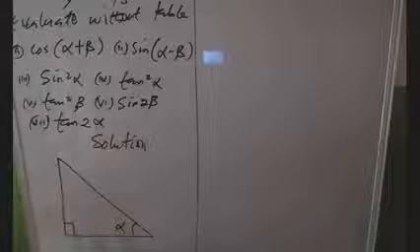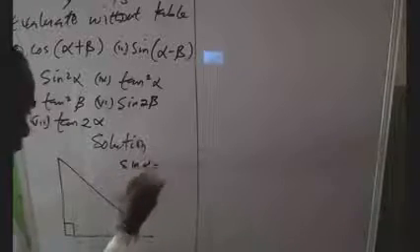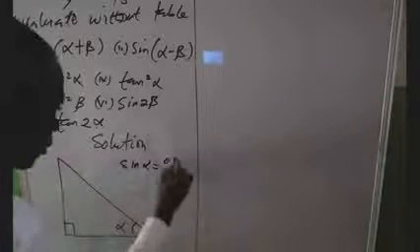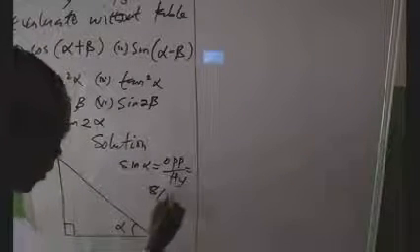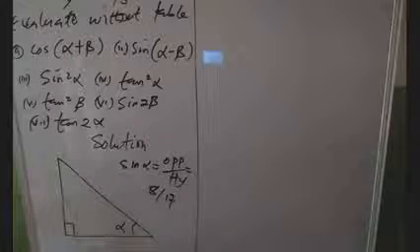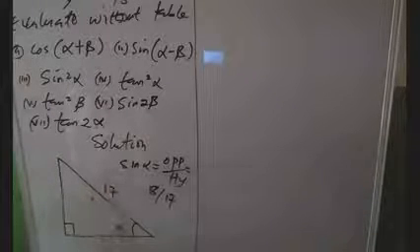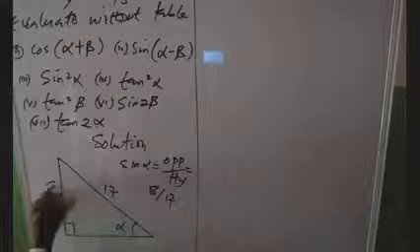We're told that sine alpha is equal to opposite over hypotenuse, and that is equal to 8 over 17. This is our hypotenuse. Here is 17. Here is 8.